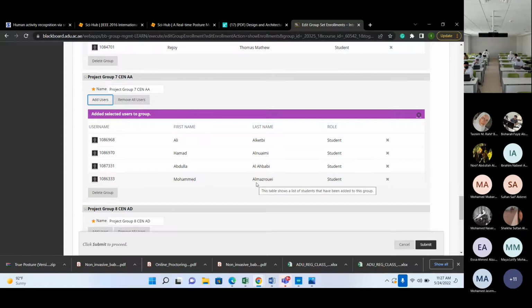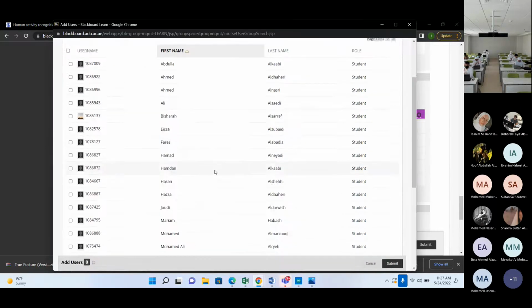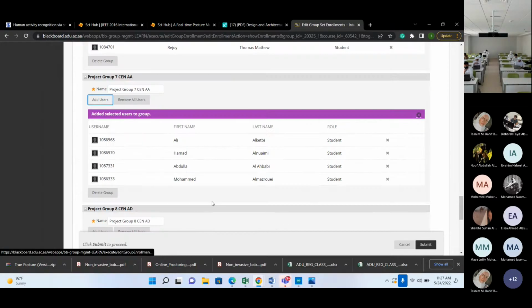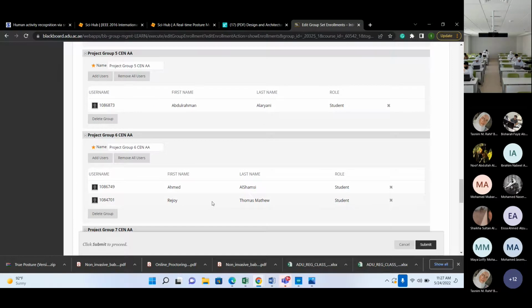You want to join them? There's another one who wants to join, a different major. So now how many members do you have in this group? 4. We have Ali, Hamad, Abdullah, and Muhammad. Who is the 5th member? There was one student who wants to join them as well. It's not with our major. We want to work with our students.